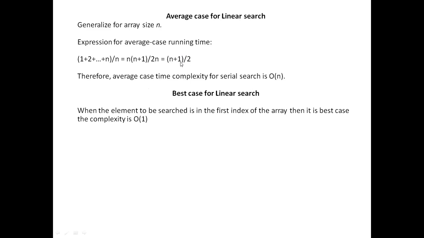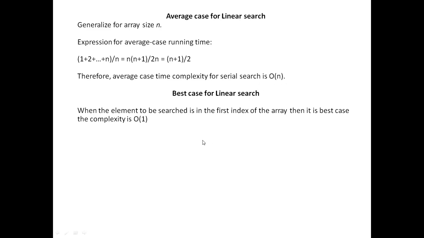That 1 by 2 is a constant value, that we will leave out. Then n by 2 can be taken as 1 by 2 into n. Even that coefficient 1 by 2 is taken out. So we are getting the average case complexity as order of n.